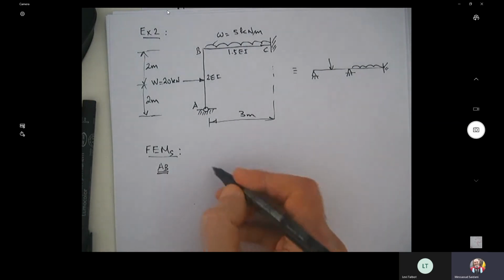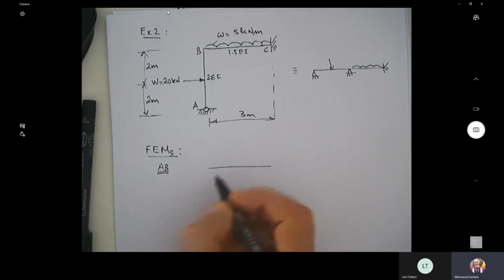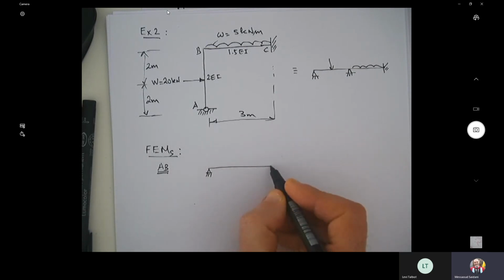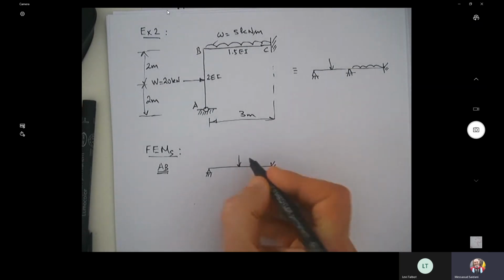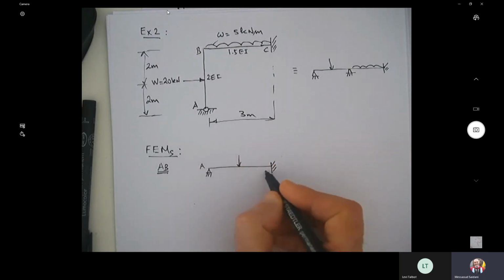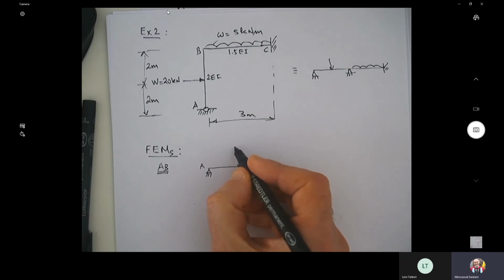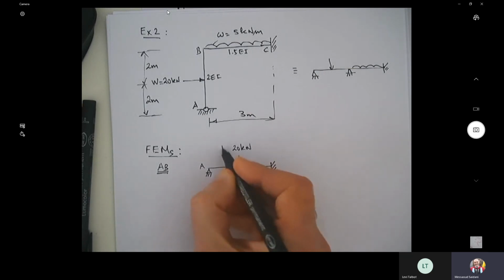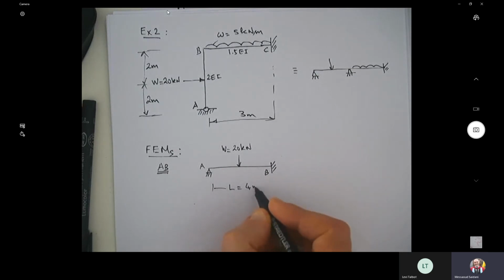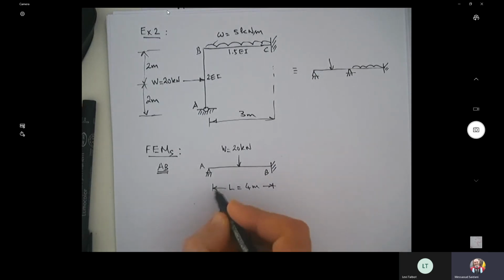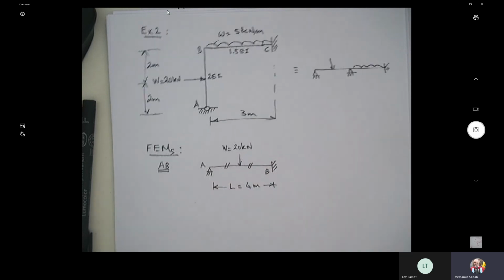So this is 80. We've got this for number 80, and the load is in the middle.